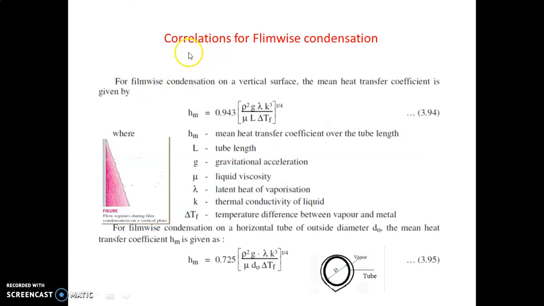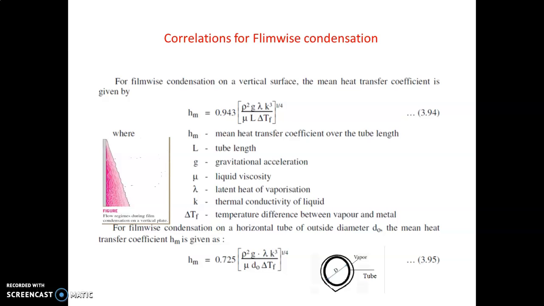Then here we will discuss correlations for filmwise condensation. In the last lecture I told that generally we use filmwise condensation in the chemical industry, because for dropwise condensation we do not have any calculation method.